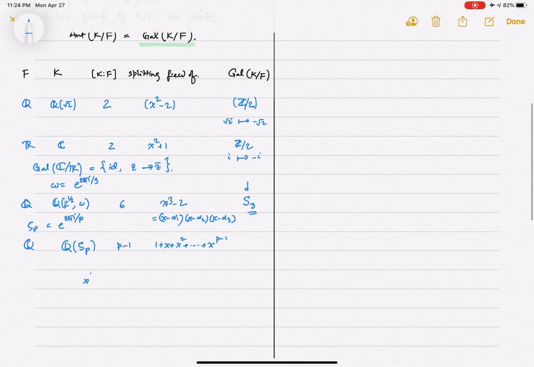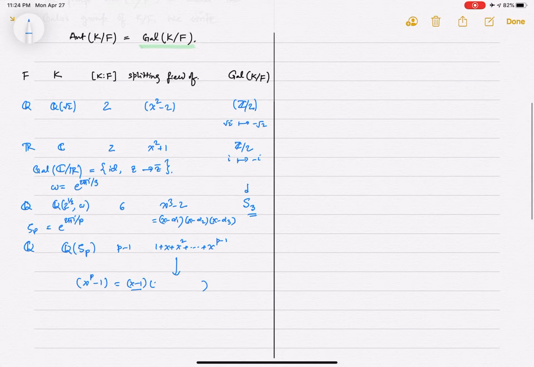Well, zeta p satisfies x to the p minus 1, but that is not irreducible. It factors like x minus 1 times that factor. And that factor is irreducible by a standard application of Eisenstein's criterion. So this is a degree p minus 1 extension.